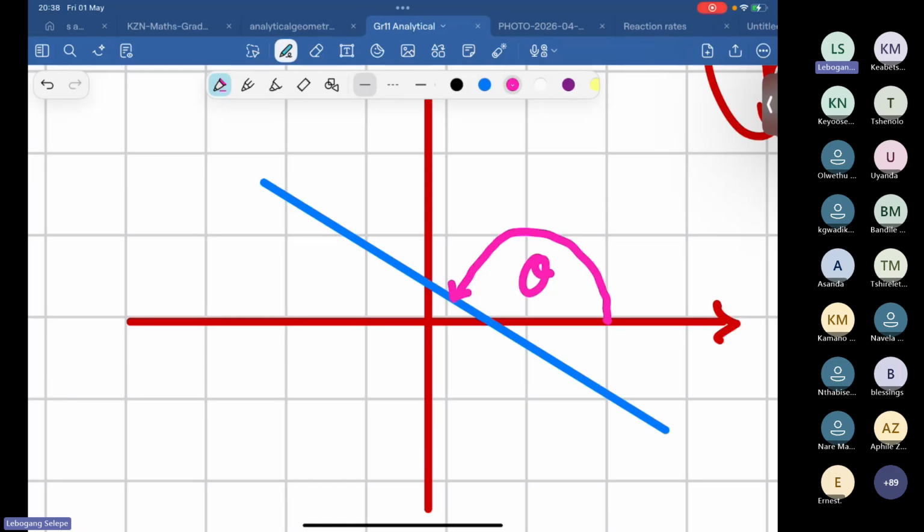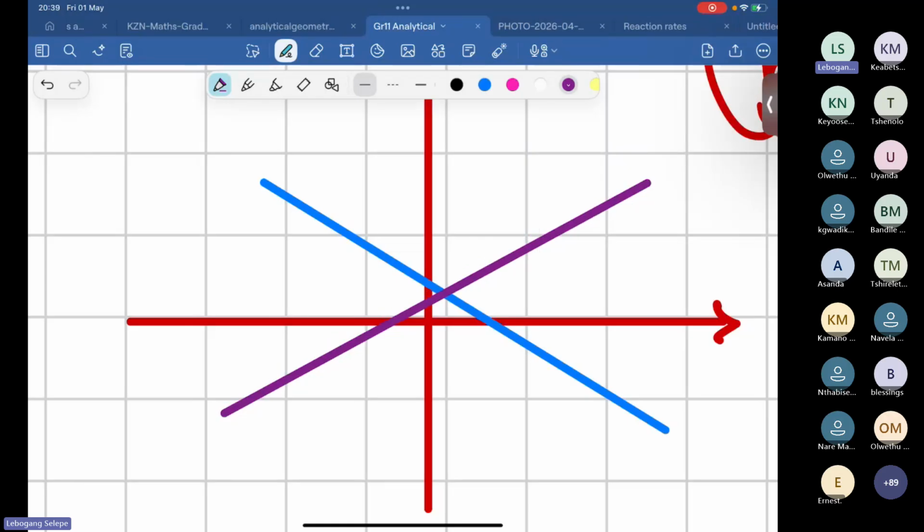Olwetu, you can speak. Hi ma'am, please repeat what you just said about the negative one. Okay, no worries. So we're saying it doesn't matter whether your line segment is a positive line segment or a negative line segment. It doesn't matter if it looks like this or like that.